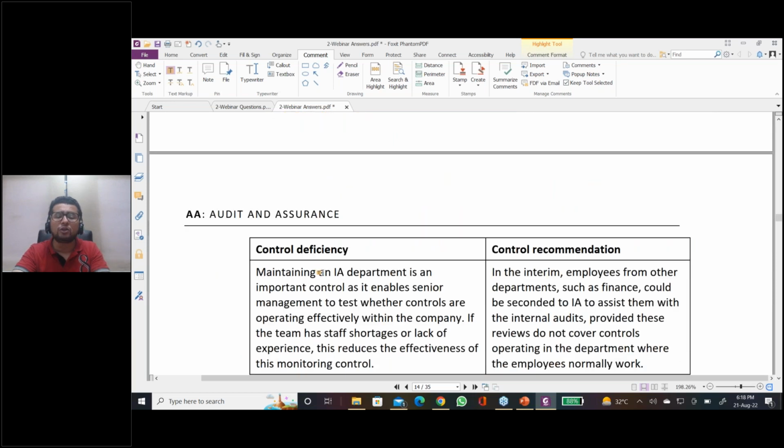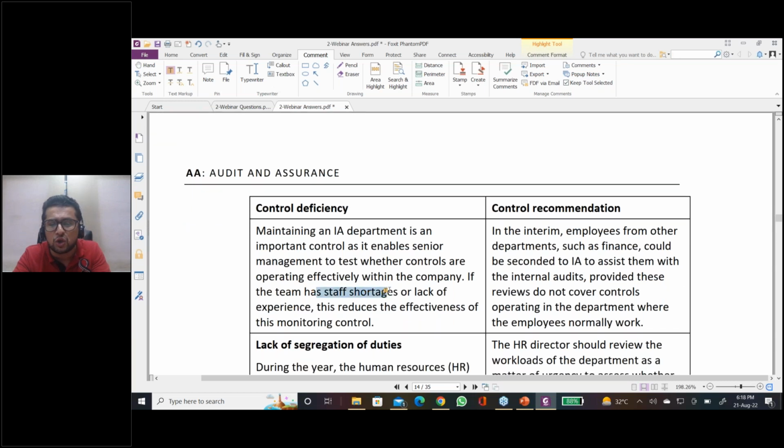And considering internal audit department is an important control which enables the management to identify whether controls are operating effectively or not, if the internal audit department is not sufficiently resourced, this reduces the effectiveness of this all important control. So please, students, try to understand what the deficiency is.